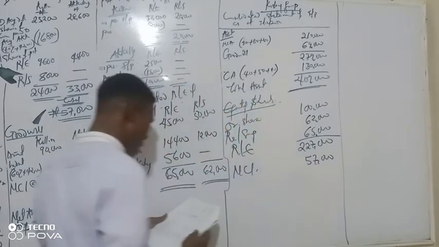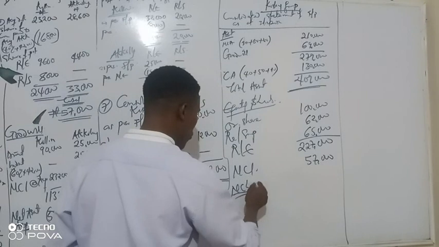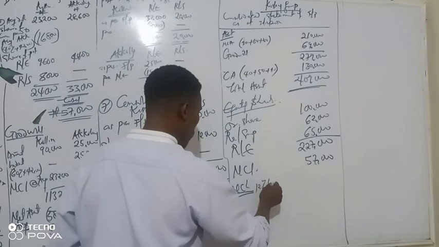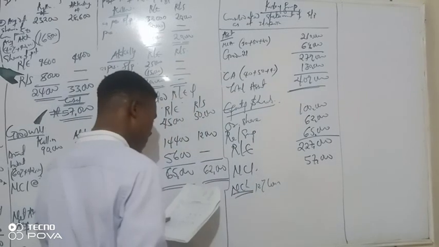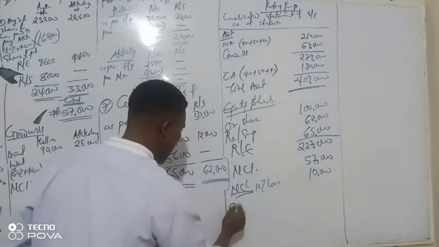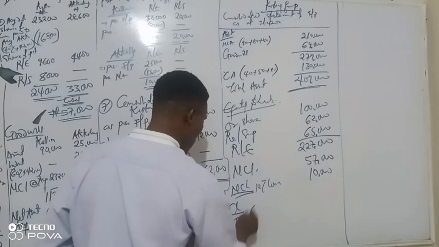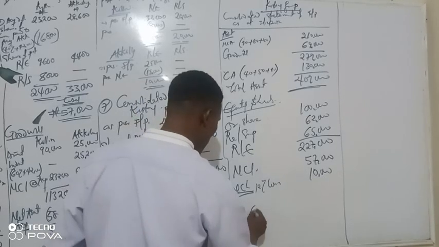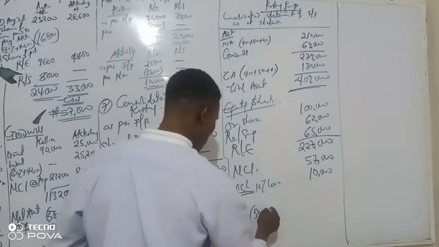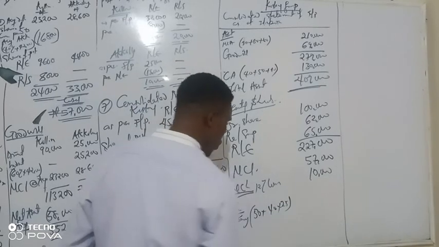Then we follow through with our non-current liability, the 12% loan, 10,000. Then our current liability, payables: 50,000 for parent, 40 for the first, and 25 for the second company.